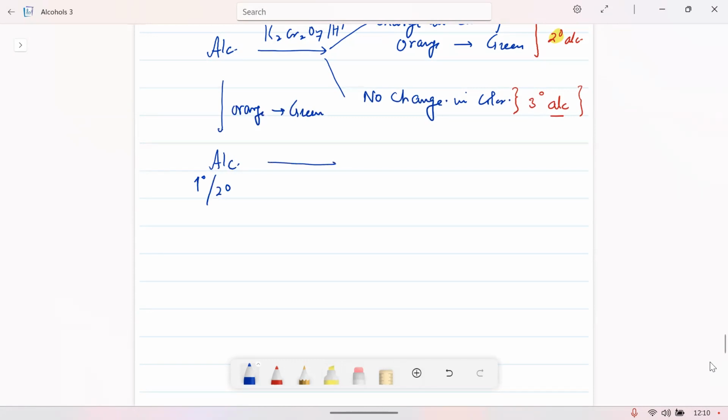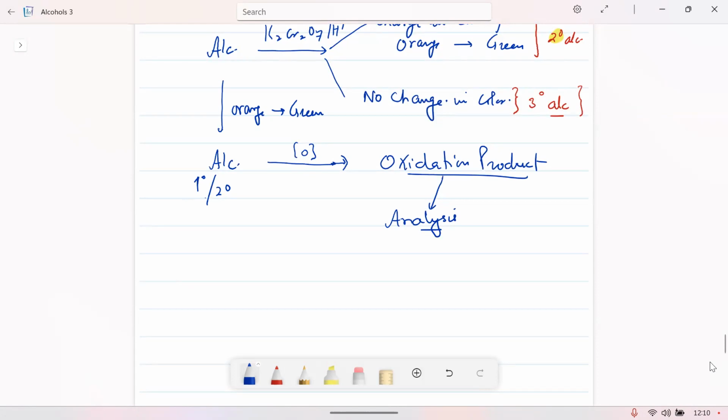So what you will do is this: the oxidation product, that means when it is oxidized, it will form something. What it is, we don't know. We call it an oxidation product. Analysis of this is done to prove whether it is primary or secondary.